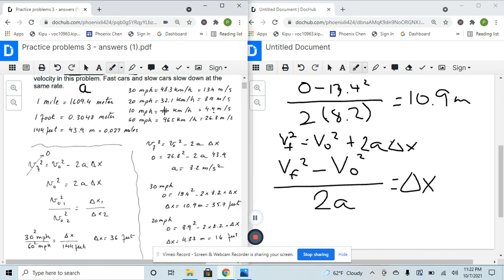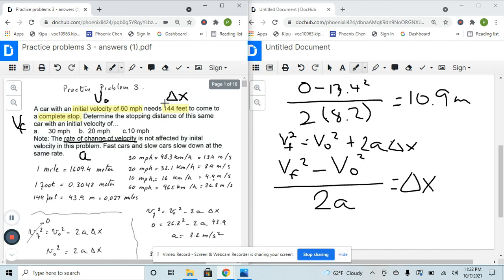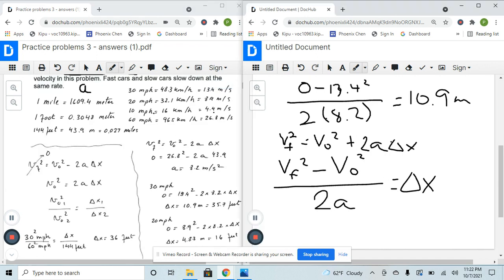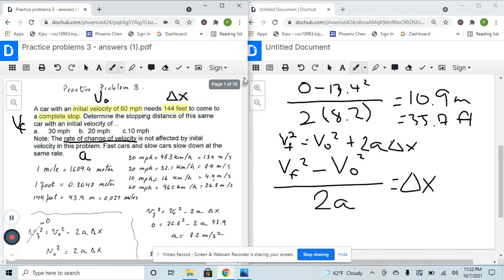And then if you convert it back into feet, since that's how it was in the original situation, then we should get 35.7 feet. And that's the answer to A. So when the car is traveling at an initial velocity of 30 miles per hour, and then we brake, it's going to take 35.7 feet in order for us to get to a complete stop.